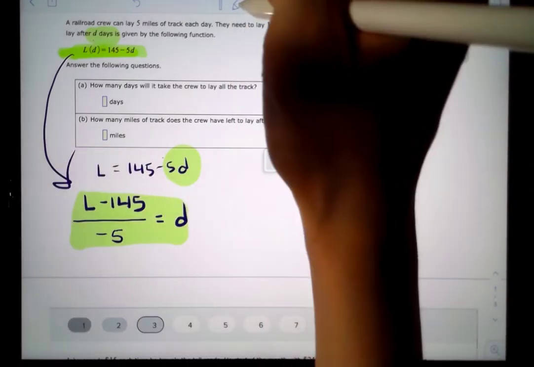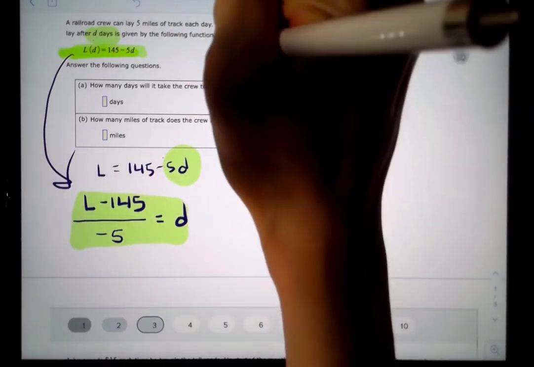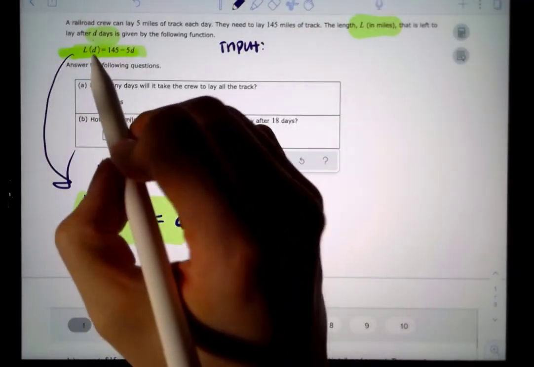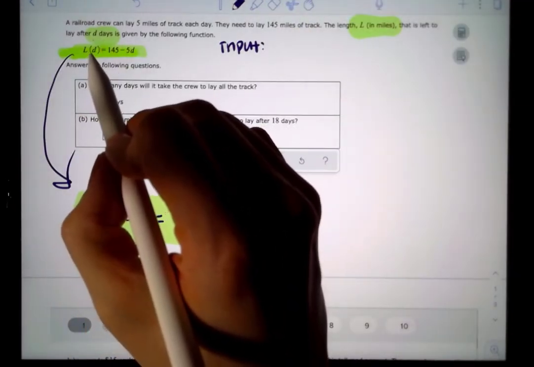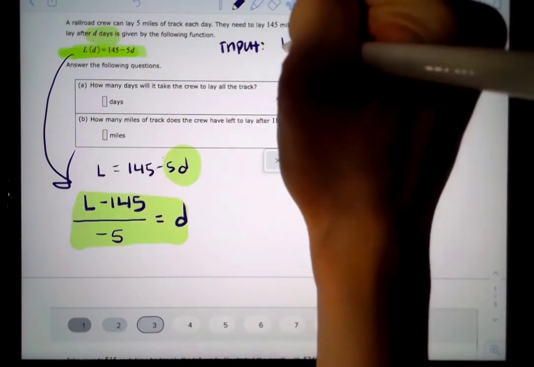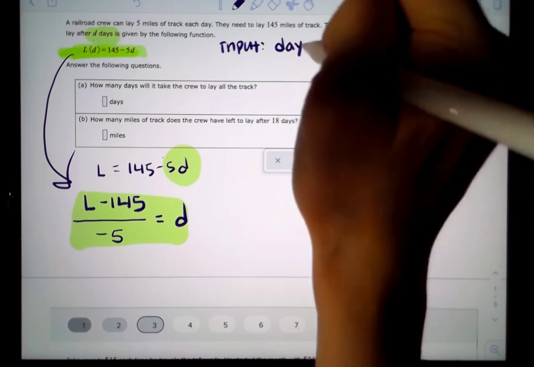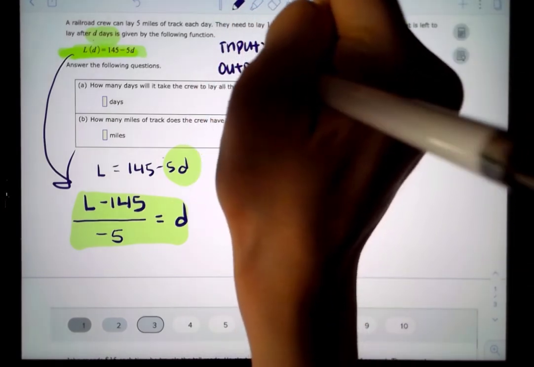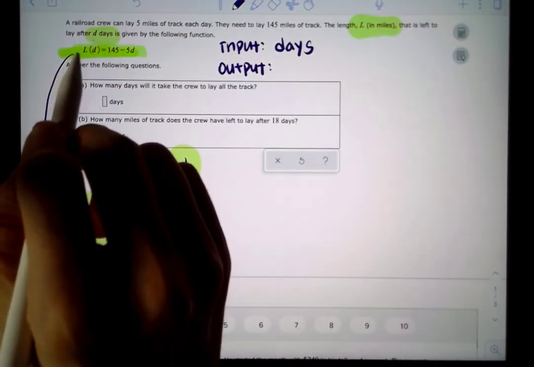Oh, let's figure out the input and output for this. So your input, what's your input? You're putting D. You can just look at the inside of the parentheses. You're putting D. It depends on your days, right? So days. And then your output. Your output is length, right?